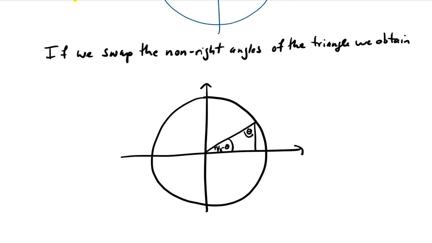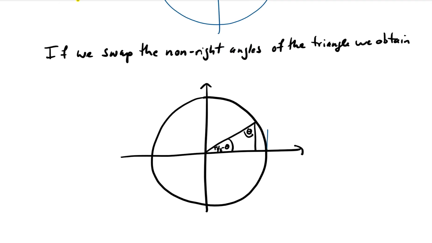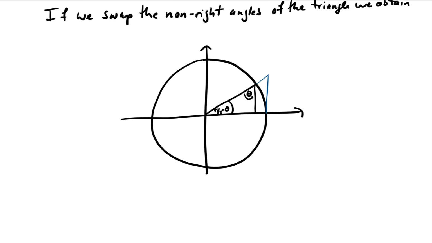Maybe I'll extend once again this triangle to get a similar triangle, not my best triangle, like this. And maybe I'll erase this. We can't see anything, can we? So this here is pi over 2 minus theta.